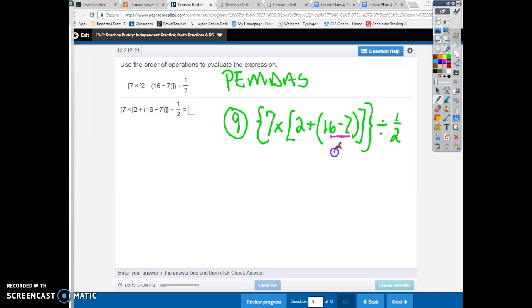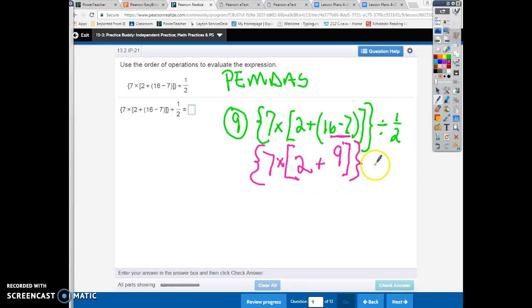So we're going to do 16. I'm going to bring this down into a 9, and then I need to copy everything down. Okay, but I'm done with my parentheses, so I don't need the parentheses anymore. So we're going to do a bracket here, a brace here, a plus sign, my 2, my other bracket, a times sign, a 7, and my other brace.